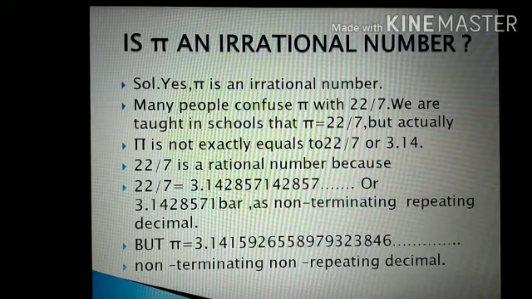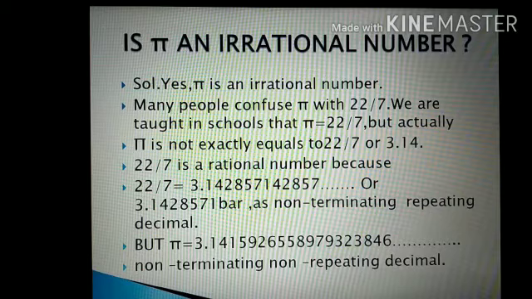Many people are confused by this because they know that the value of pi is equal to 22 by 7 or 3.14, which we have taught in the classes also. But that is not the exact value. This is the approximate value of pi that we use to solve various problems based on mensuration.